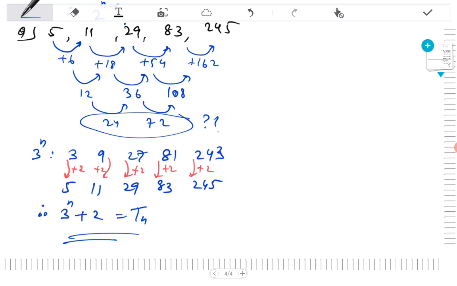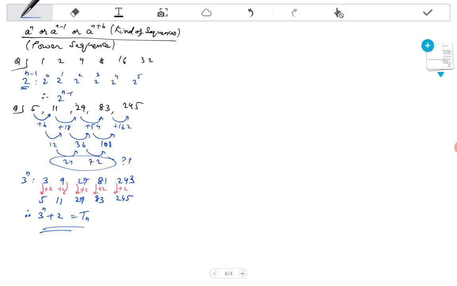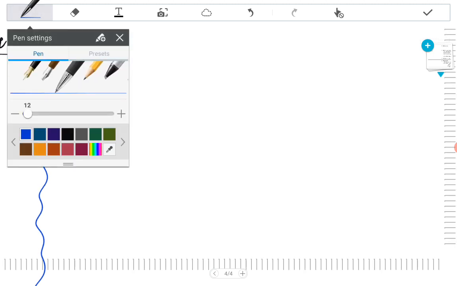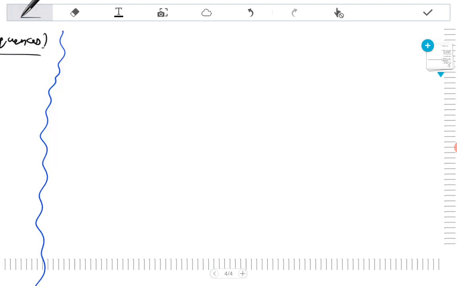Okay, hope it's clear. I'm just going to summarize everything that we have discussed in sequences. First of all, we have arithmetic progression, or arithmetic sequence.